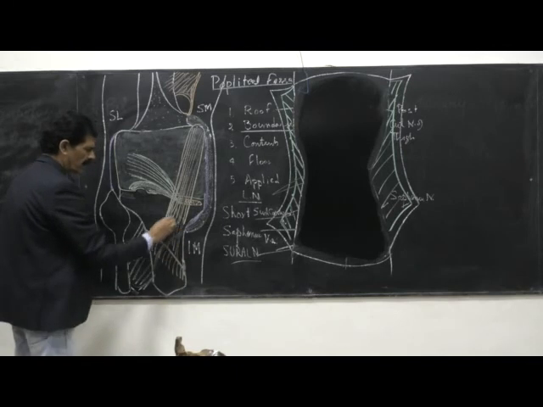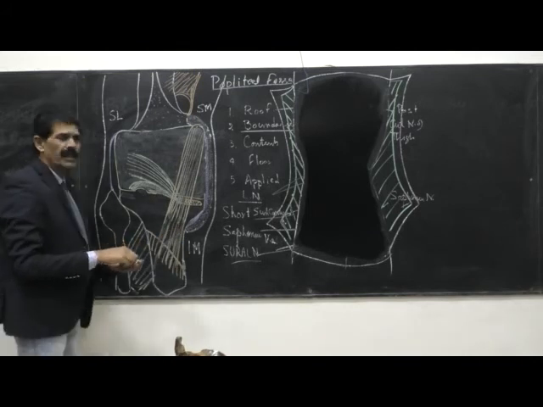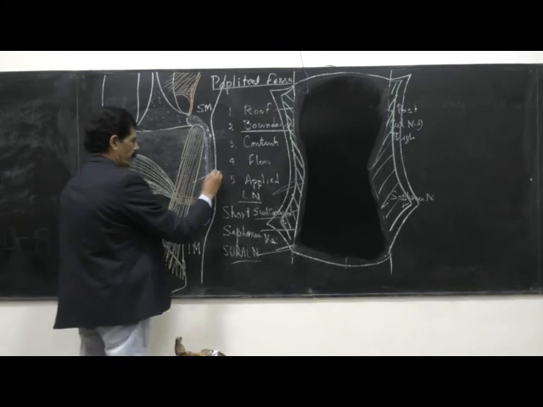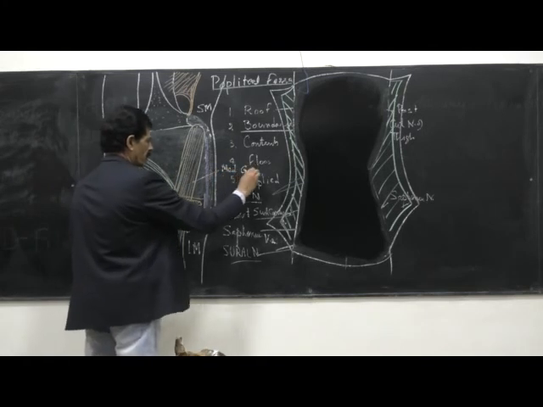So this muscle gets fused with the soleus muscle. This muscle is called the medial gastrocnemius.